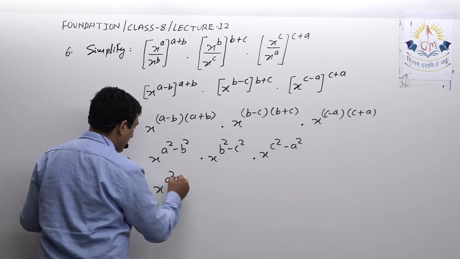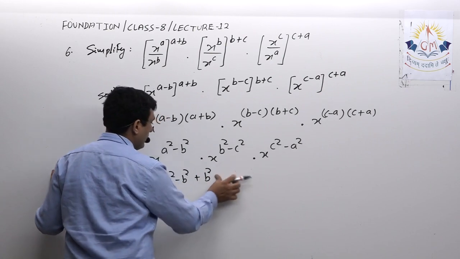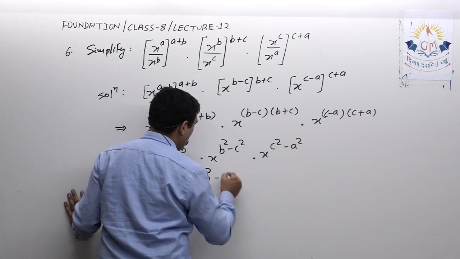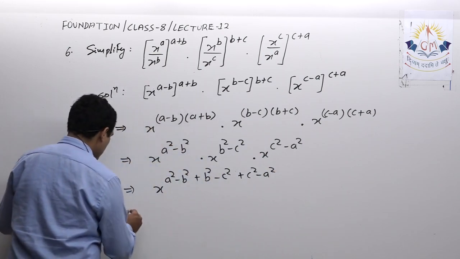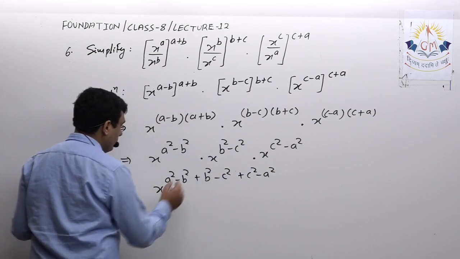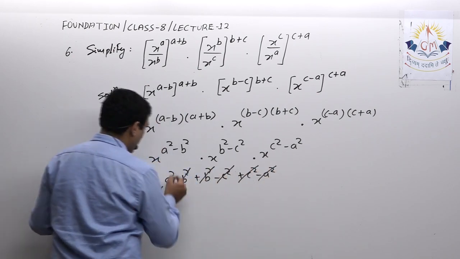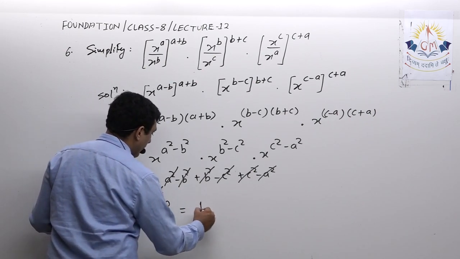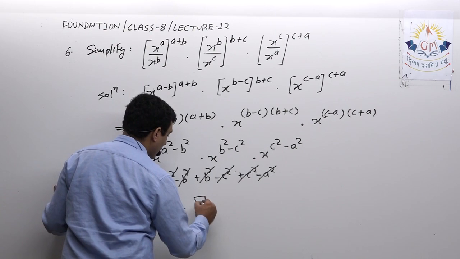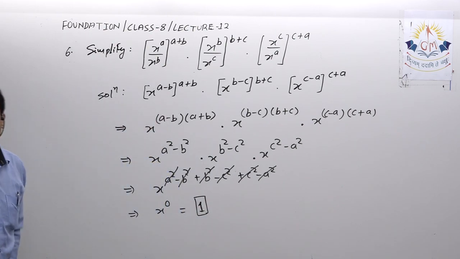X raised to a square minus b square plus b square minus c square plus c square minus a square. So x raised to, see, minus b square plus b square minus c square plus c square minus a square plus a square, that is x raised to 0. So my final answer is 1, because we know x raised to 0 is equal to 1. So please note it down, then we'll see the next question.